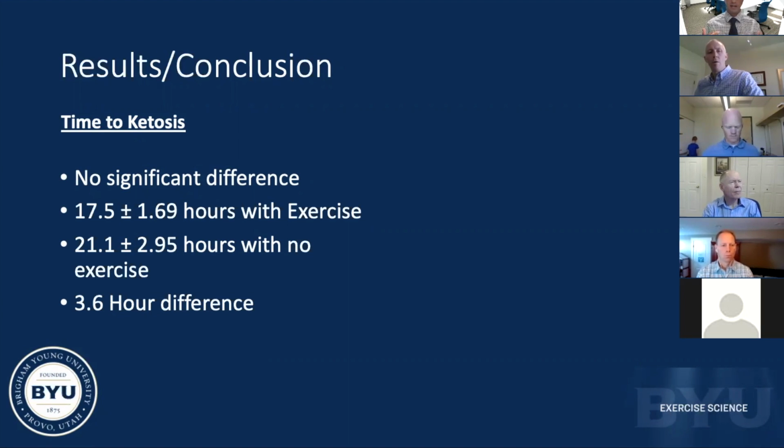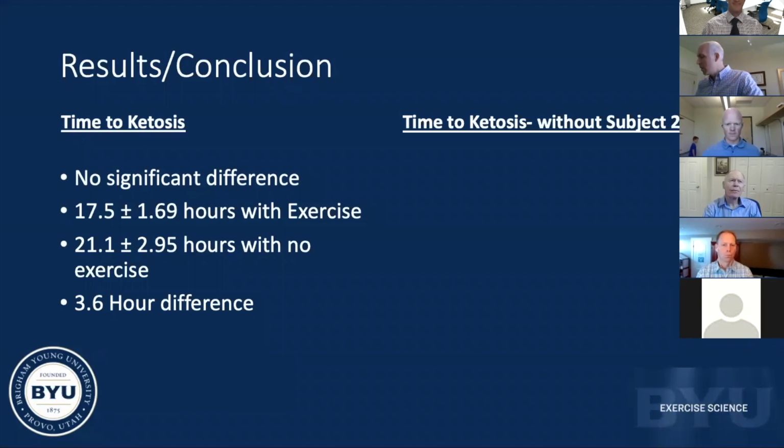But then we reanalyzed this time to ketosis with subject 20 taken out. And we didn't want to just take them out just because, but this subject actually had a reverse effect of everybody else. All of our other subjects had higher ketones when they exercised and lower when they didn't. This subject was reversed. And so we thought, well, if this person was the only one that had this, what would happen?